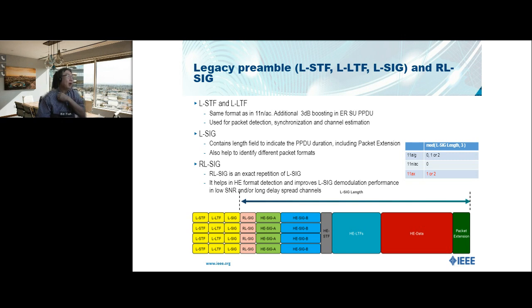Also, in a long delay spread environment, when you have repeat L6, it also gives more robust L6 performance. So in other words, L6 is one of the important differentiations introduced in 11ax: it introduces the classification method, and also improves the link budget and efficiency, and robustness in long delay spread.